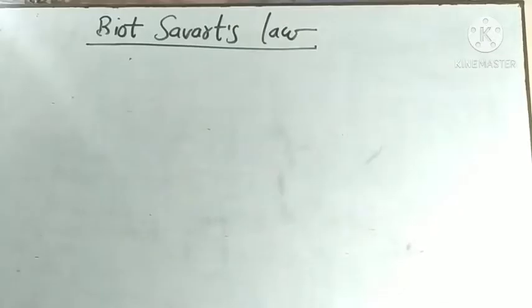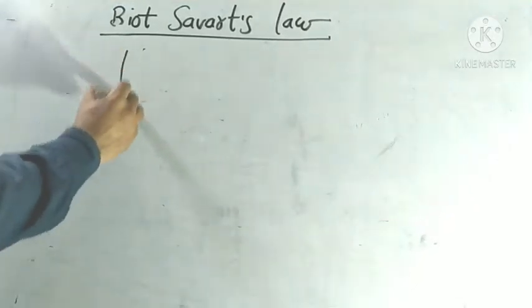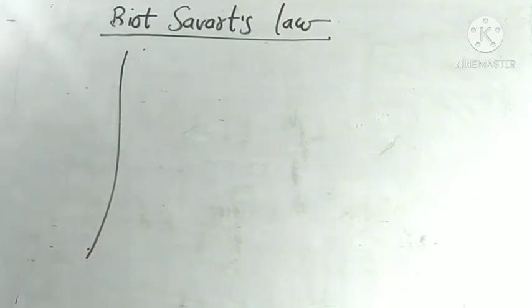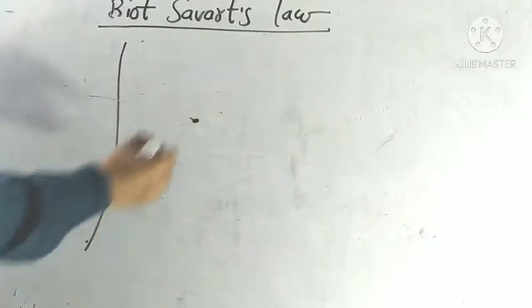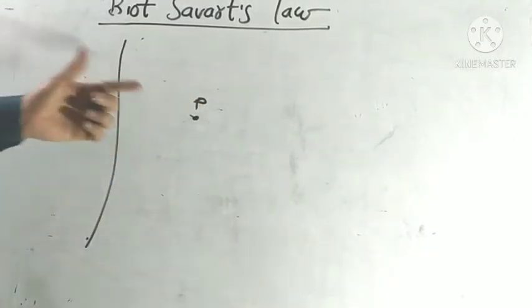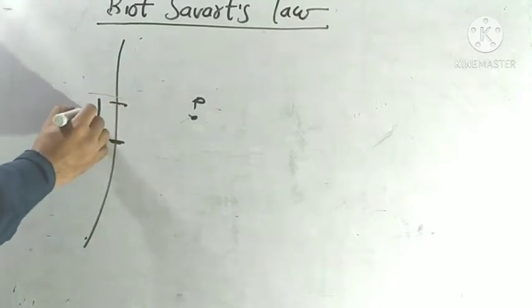Our next topic is Biot-Savart law. Here we take any wire having length L, and we take any point near this wire where we have to find the magnetic field. Here we take a very small element of this wire having length dl.